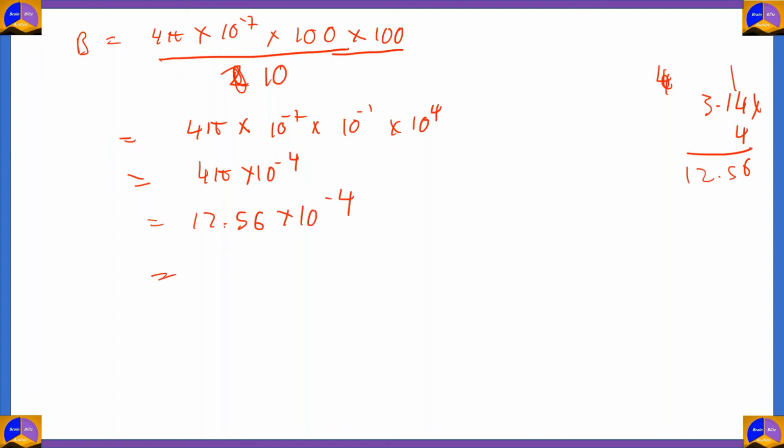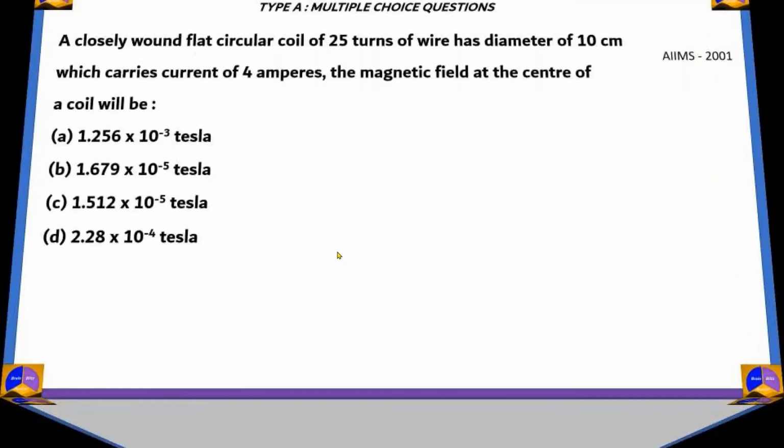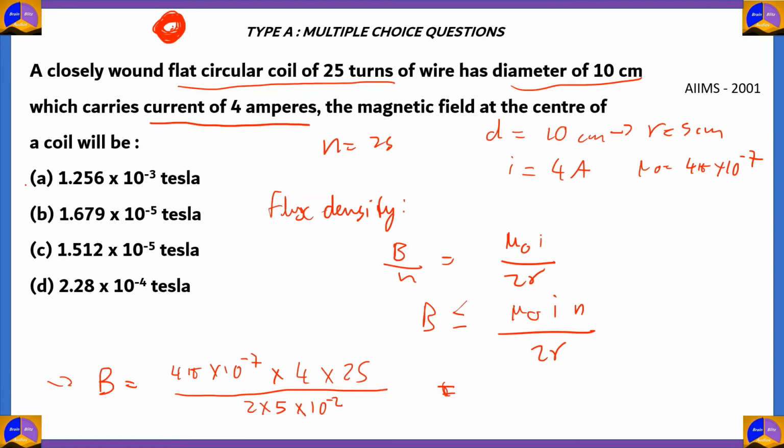And let's convert it into 1.256 into 10 raised to minus 3. So therefore, using that, we got the value of the magnetic field at the center of the coil as 1.256 into 10 raised to minus 3 Tesla.